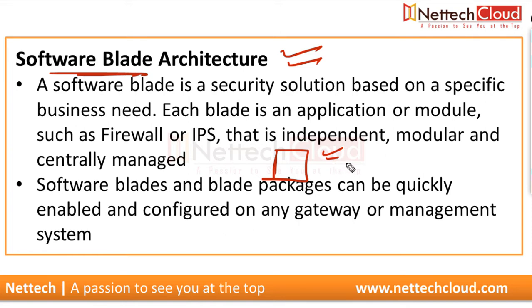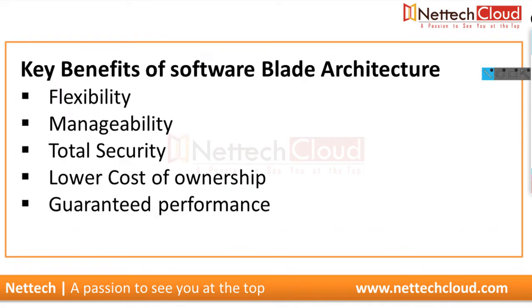We can license, activate and enable different software blades as per the requirement, as per the need, and of course without any downtime, because they are software blades. Key benefits of software blade architecture: flexibility, management, total security, lower cost of ownership, and guaranteed performance.